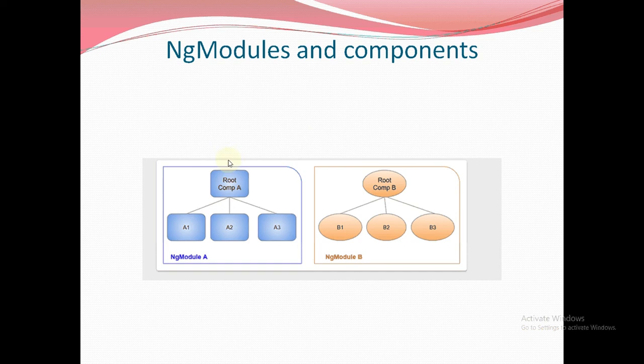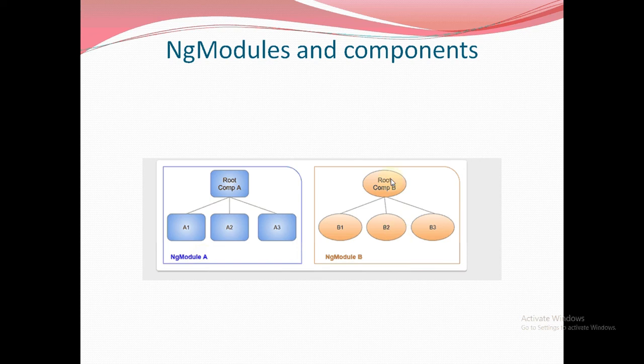As a part of this ng module, it will provide the compilation context for all of them, and they will be working under the same module. Like ng module A would have A1, A2, A3, and module B would have B1, B2, B3. If module A wants to use B, then module B needs to be imported into module A, and then B1, B2, and B3 can be easily accessed.